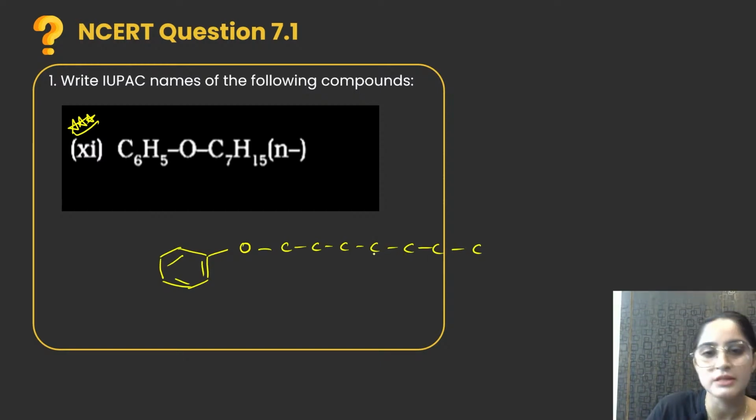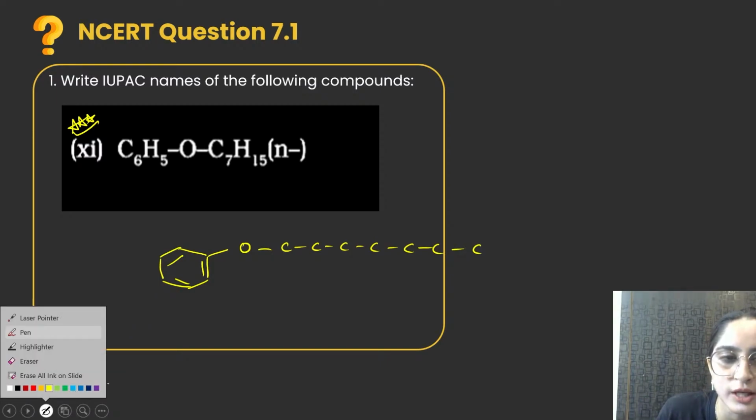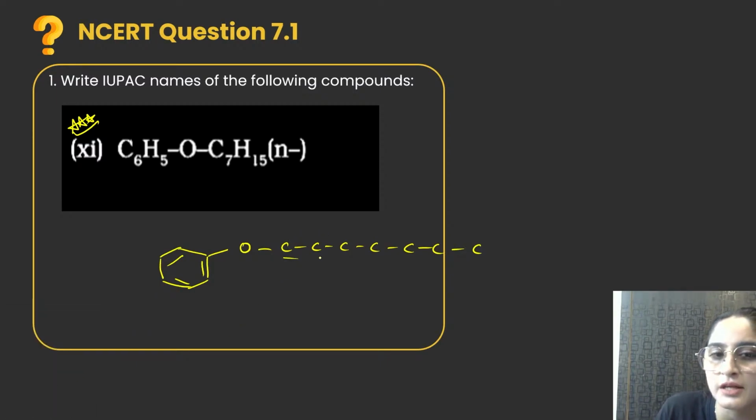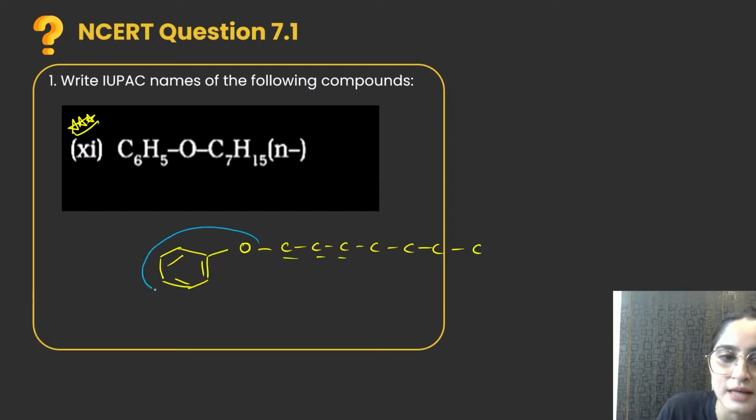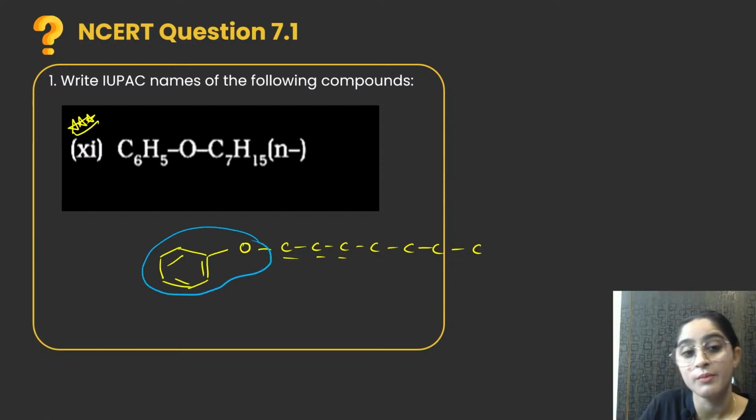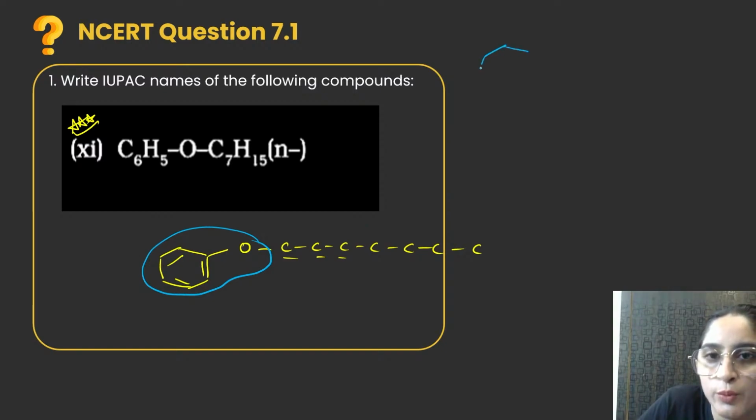Now if you talk about the longest chain here, this is having 7 carbons, and this is having 6 carbons. So you will definitely select this one as the parent, and benzene as the alkoxy. Now ma'am, what should I write here?